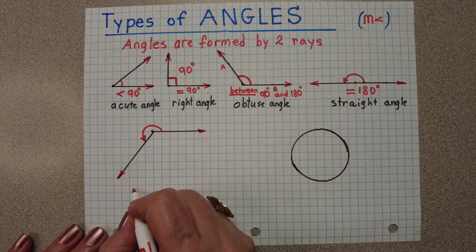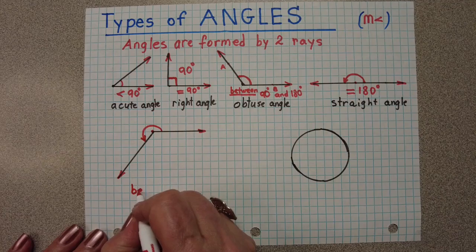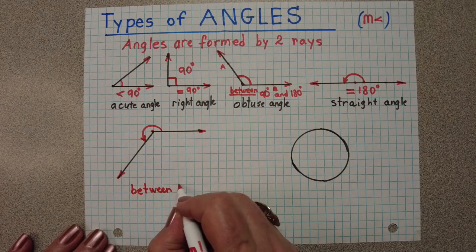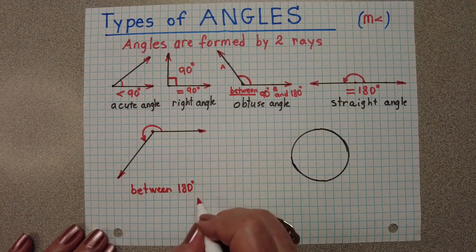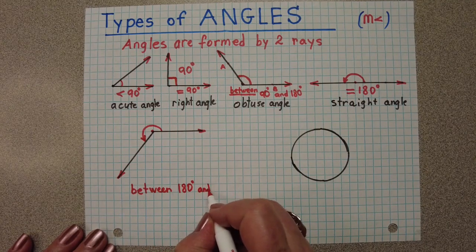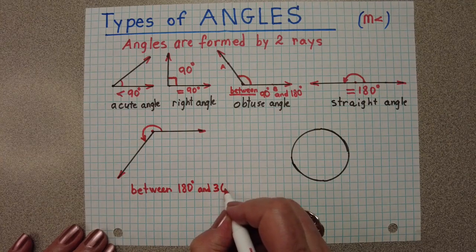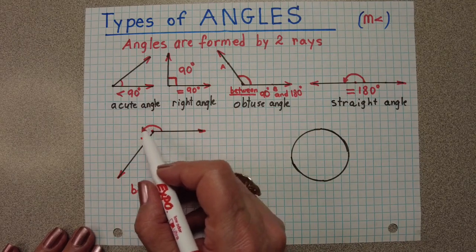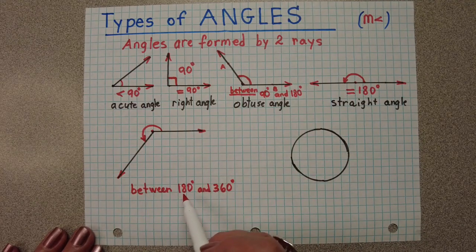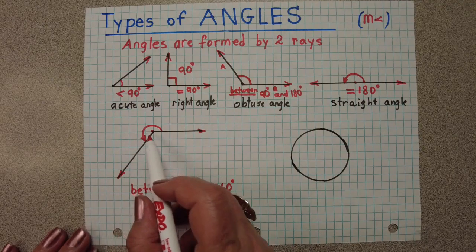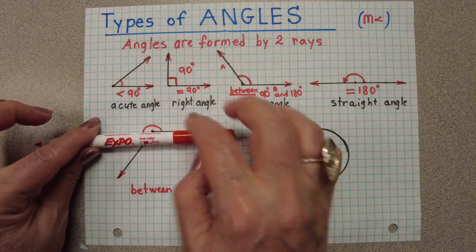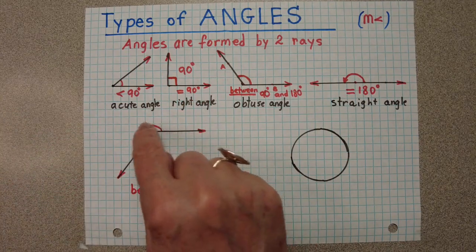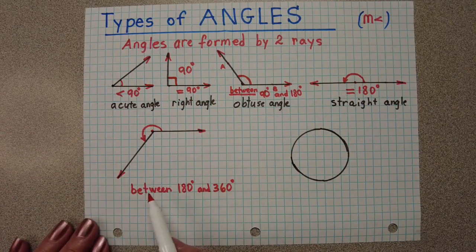Let's call it between 180 degrees and 360 degrees. If we kept the line like this, it would be 180, but we made it bigger than 180 degrees.